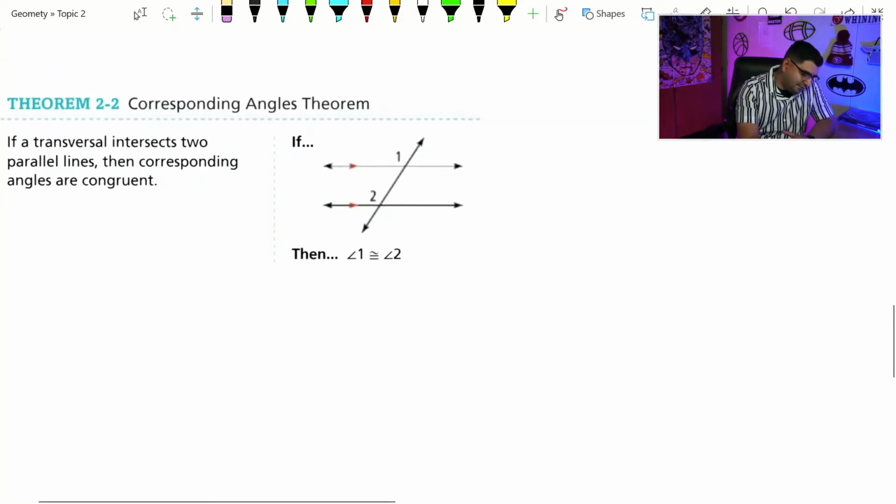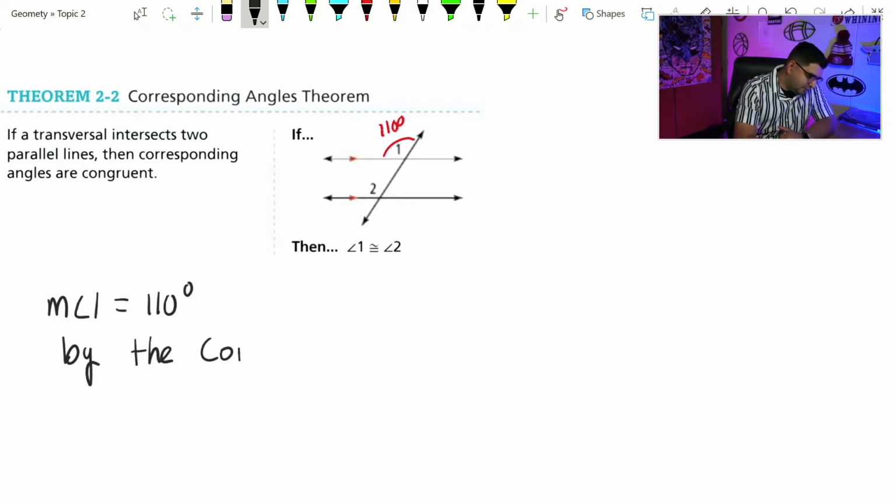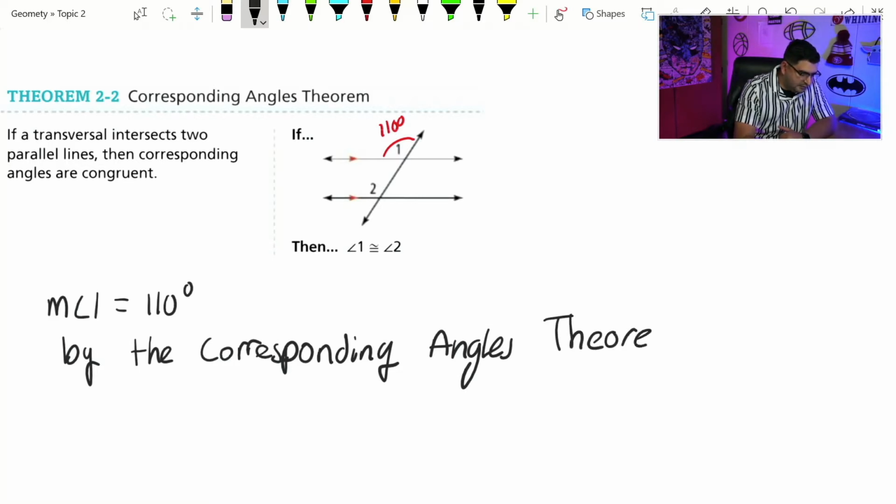Well, often they'll tell me something like, hey, angle 1 measures 110 degrees. So if the measurement of angle 1 is equal to 110 degrees, then by the Corresponding Angles Theorem, I could state that the measurement of angle 2 also has to be 110 degrees.